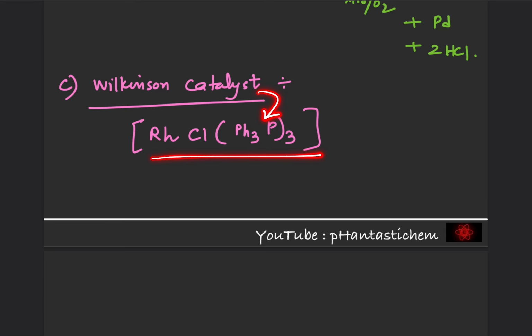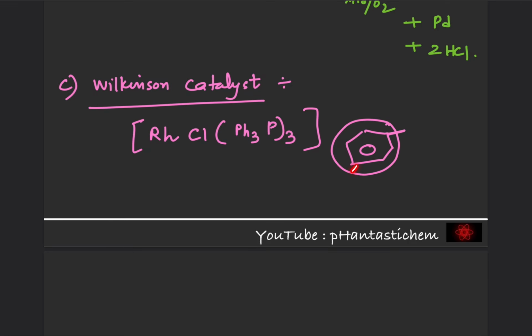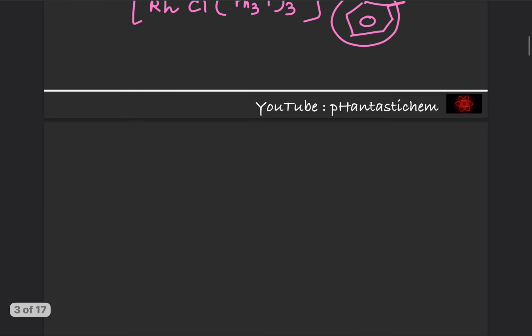So this is the formula of Wilkinson catalyst. This is rhodium, this is chlorine. Ph is used whenever benzene is present as a substituent, so this group is known as phenyl or Ph. P is phosphorus.